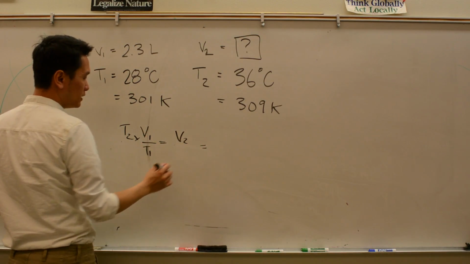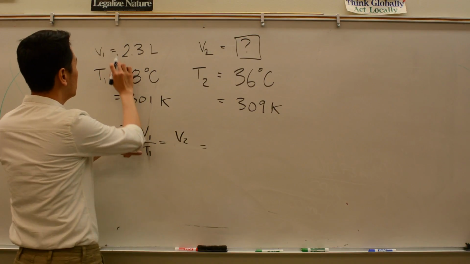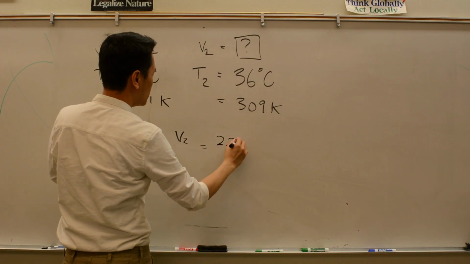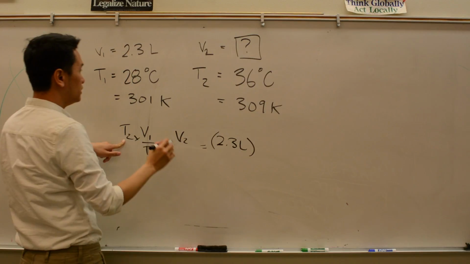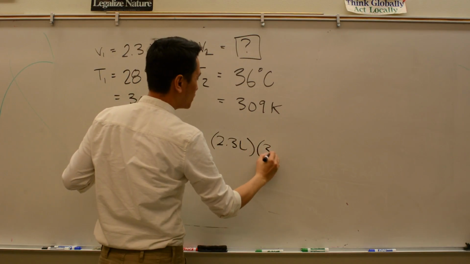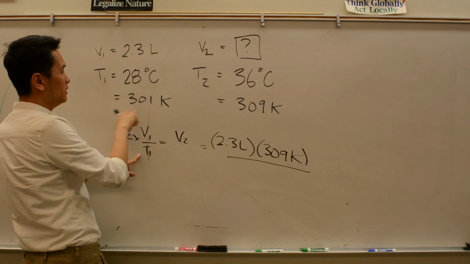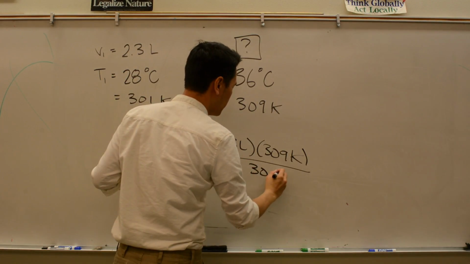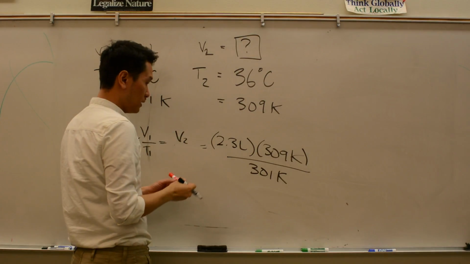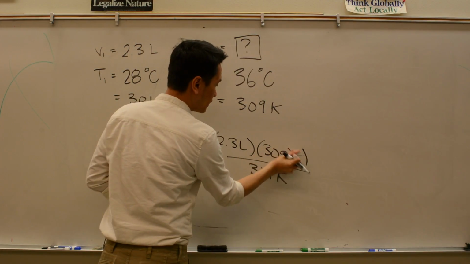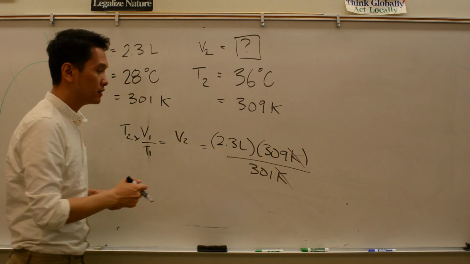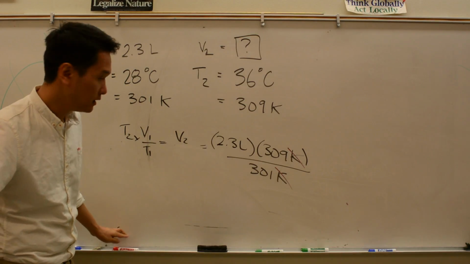Okay, so V2 is equal to V1, 2.3 L, times T2, 309 K, divided by T1, 301 K. And again, the K cancels out, giving us units of liters. That's always good to see.